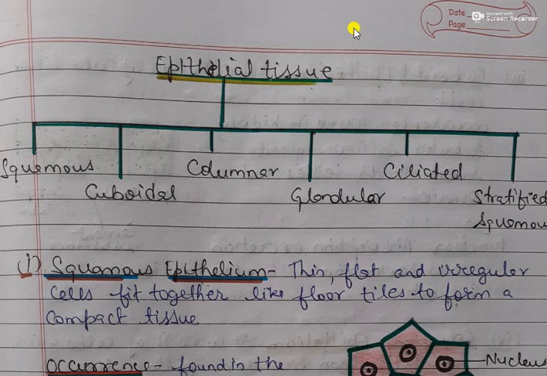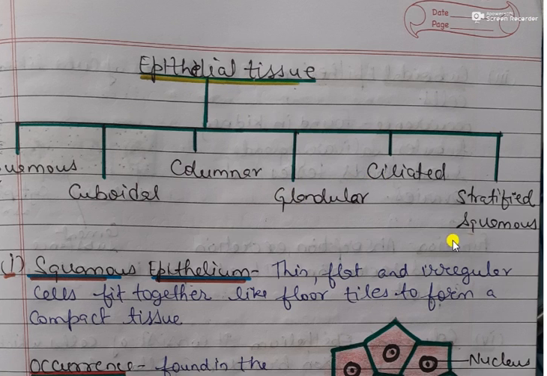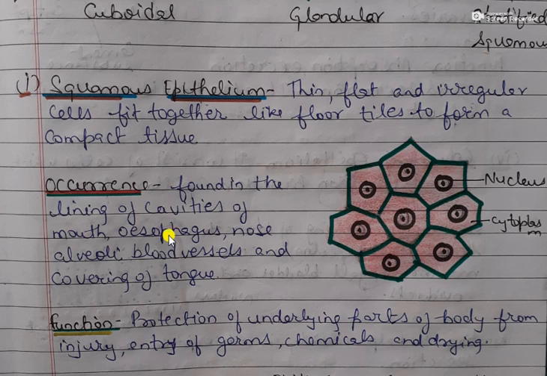Now students, epithelial tissue is further divided into various types like squamous, cuboidal, columnar, glandular, ciliated and stratified squamous. So firstly we will study about the squamous epithelium, which is also called squamous epithelial tissue.